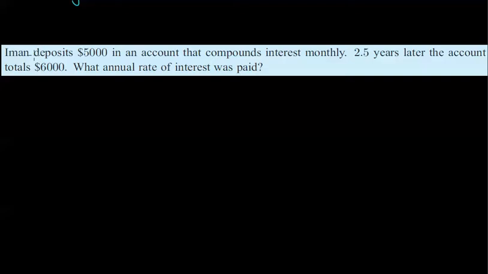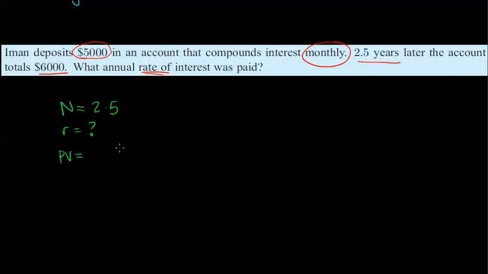Alright, last question says, Iman deposits $5,000 into an account that compounds interest monthly. 2.5 years later, the account achieves $6,000. What's the rate? Okay, so let's go through our different parameters. N is 2.5 years. The rate, that's what it's wanting us to work out, so question mark.